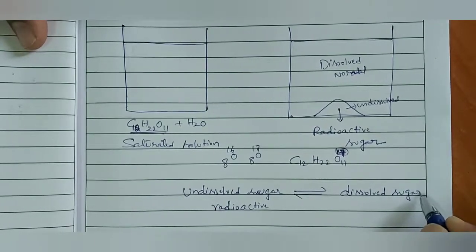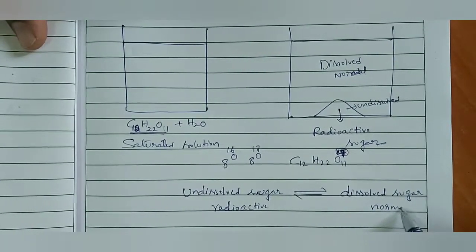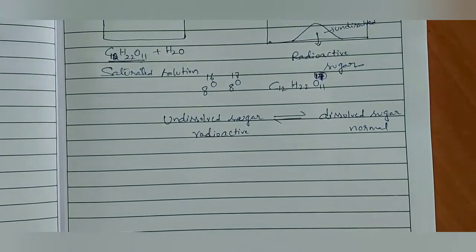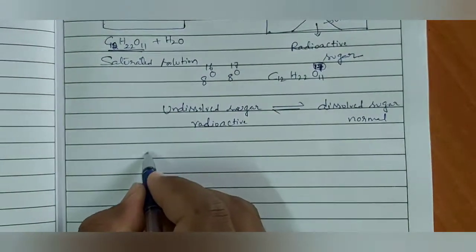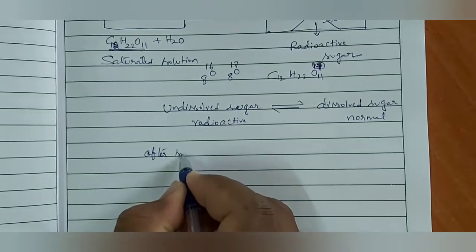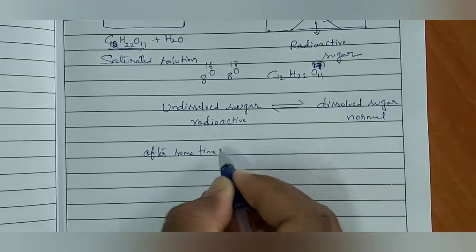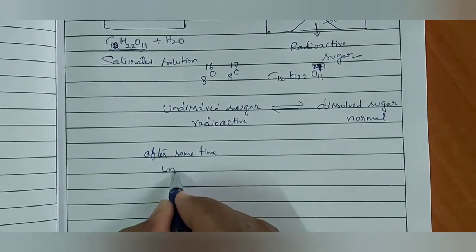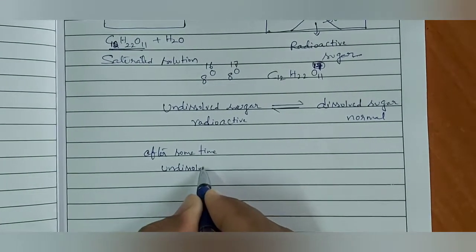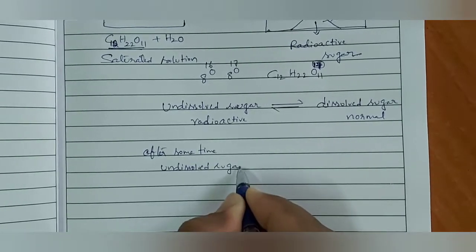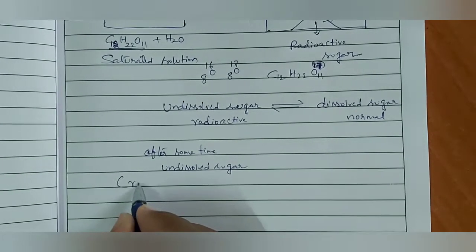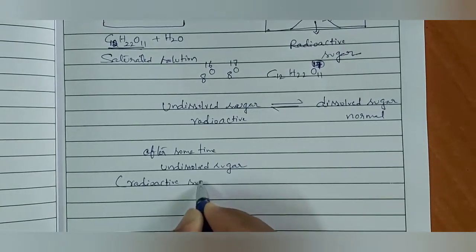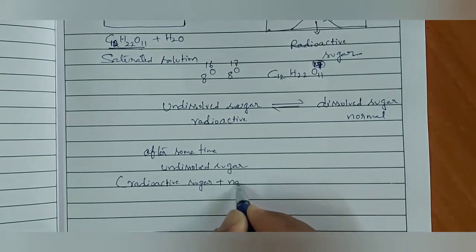Dissolved sugar is purely normal sugar. After some time, it is already in equilibrium. After some time, undissolved sugar contains both radioactive sugar plus normal sugar.